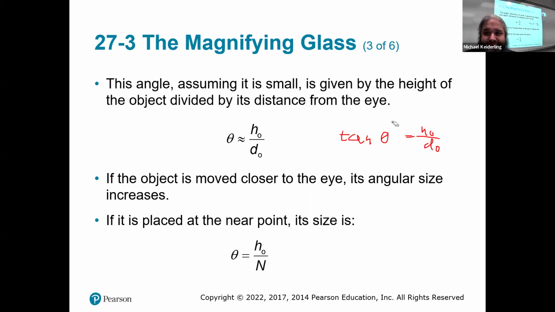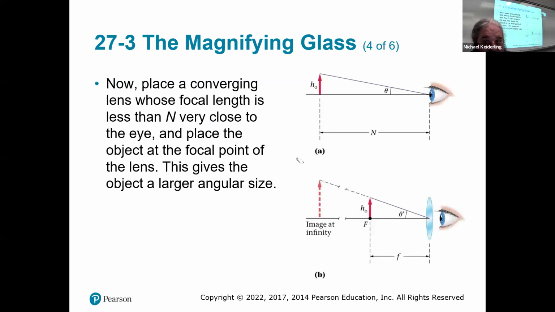But yeah, it's tangent of theta is h naught over d naught. But for small angles, that's approximately h naught over d naught. So if the object gets moved closer to the eye, its angular size will increase. And if it's placed at the near point, its size will be h naught over the distance to the near point.